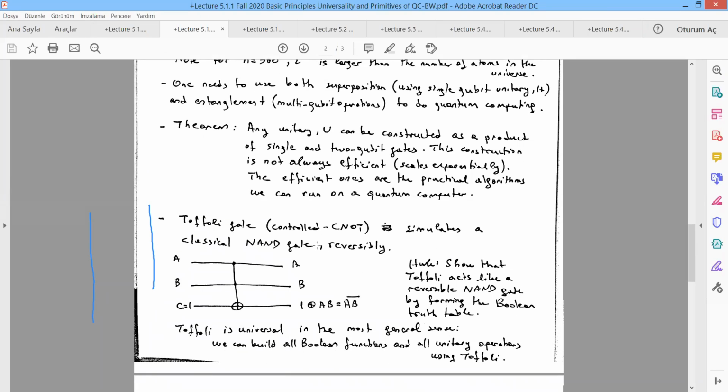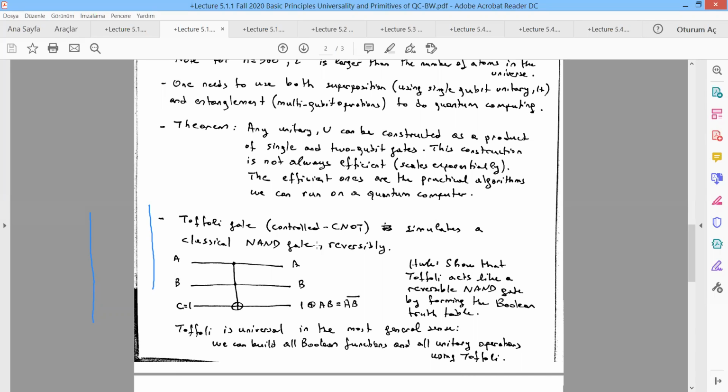One of the important gates that we need to consider is the Toffoli gate. It's a 3-qubit gate. The importance of this gate is it is a universal gate in the sense that we can build all available Boolean functions, any mapping from n bits to n bits, in other words, any Boolean function, and all unitary operators using Toffoli.